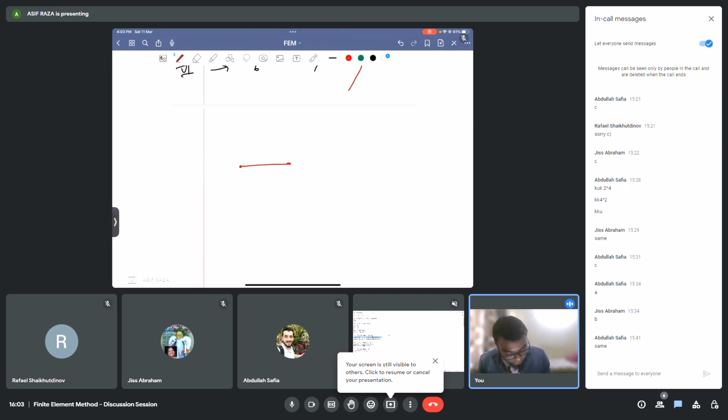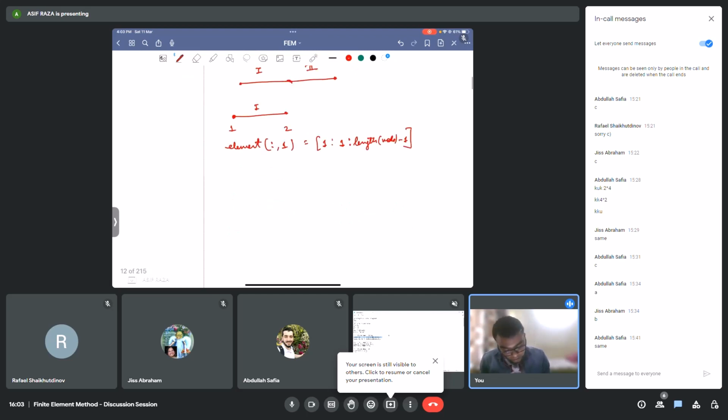Whatever elements we are taking, first element, second element, every element has an element stiffness matrix. For that we have node 1 and 2. So node 1s are written here for every element, 1 to length of node minus 1.